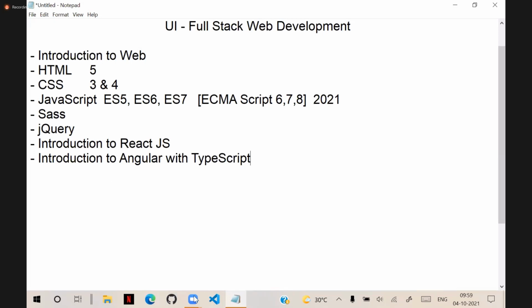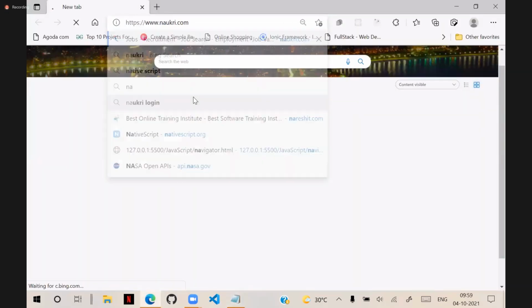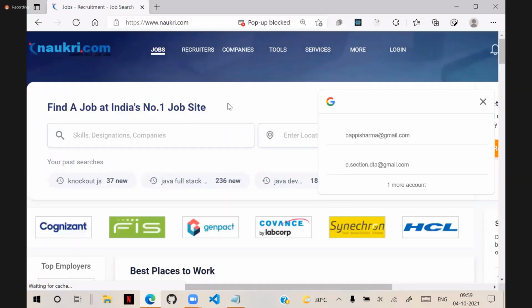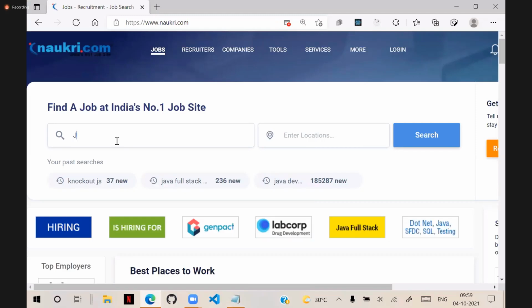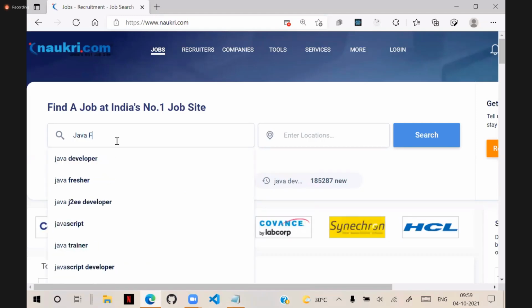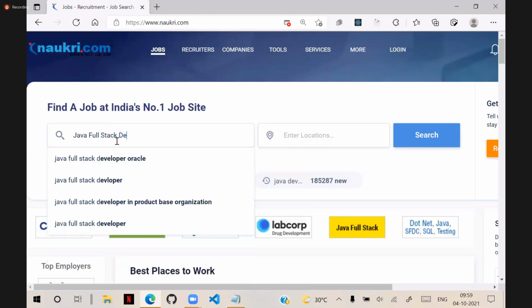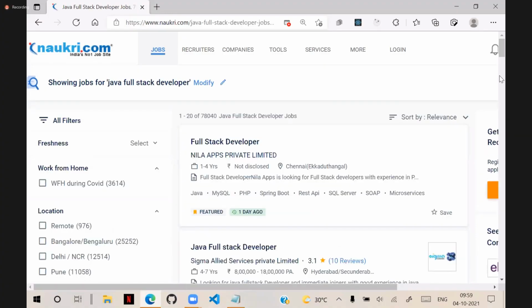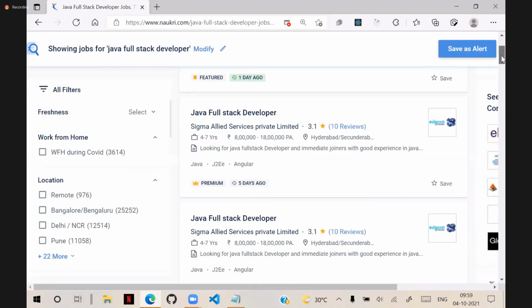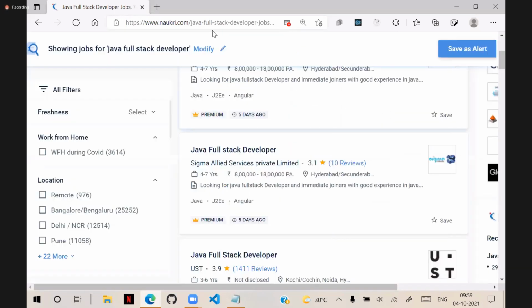For example, I will show you. This is the Naukri site. In this Naukri site, I am showing you, suppose, Java full stack developer, .NET full stack developer, like that.